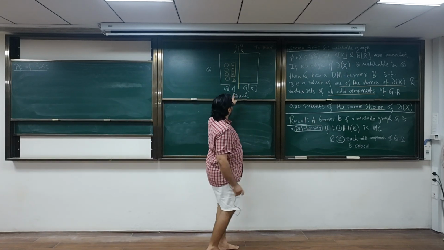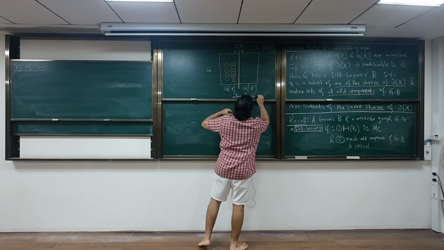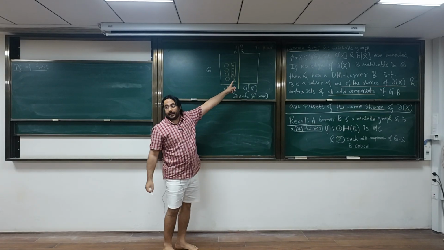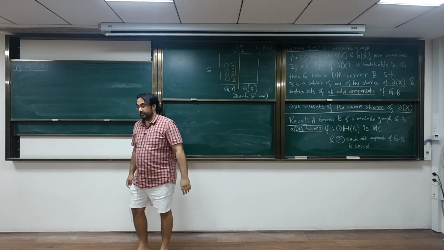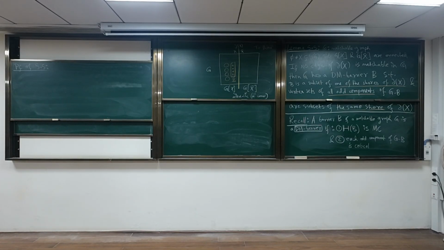These two graphs are connected also. Remember that these are connected. Connected is already given to us. But the graph G itself need not be connected. We don't know whether the graph G itself is connected. So the cut could actually be empty, in which case it will be disconnected. Otherwise it will be connected.